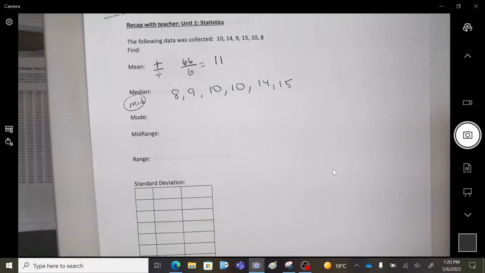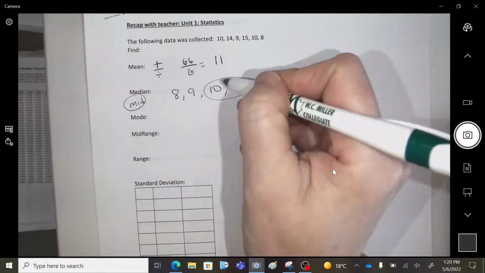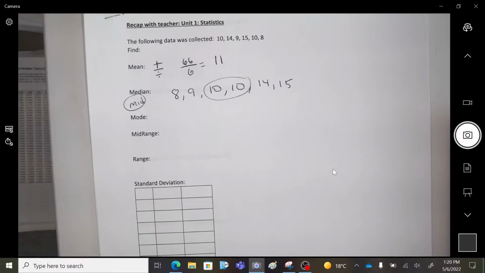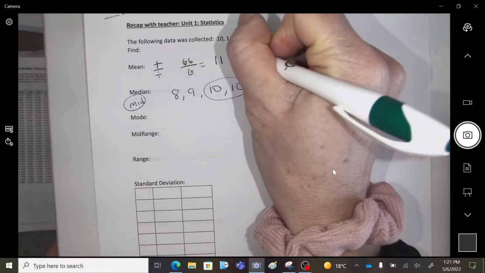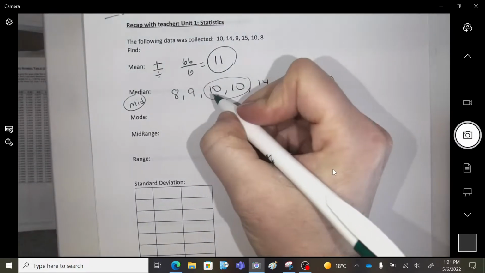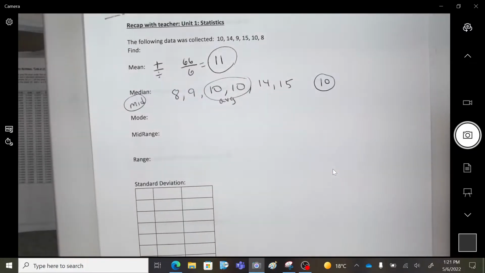Nope. What do you do if there's not one thing in the middle? You take 2 things in the middle, and then you have to average those 2 things. What's the average of a 10 and a 10? Alright, so the median is 10.